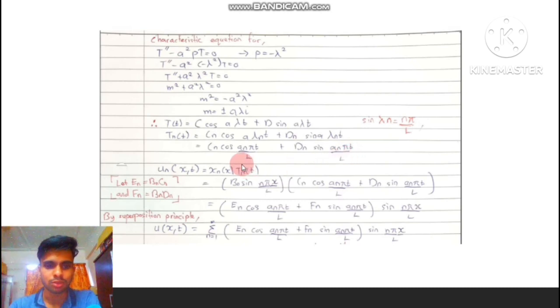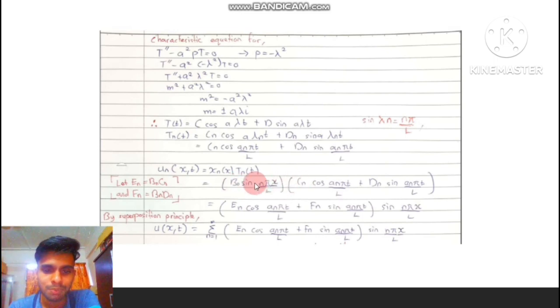From that we have to do for u n, where u(x,t) is equal to X n times T n, from the equation b n sin n pi x over L times c n cos a n pi t over L plus d n sin a n pi t over L. Note that when you expand this equation, you will come across the constant variables b n times c n.